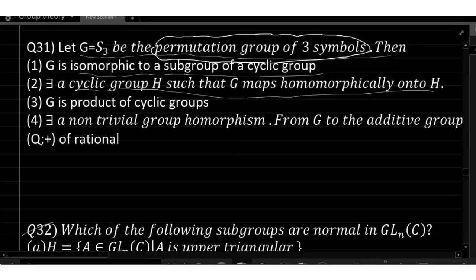Let G equal S3 be a permutation group of 3 symbols, then G is isomorphic to a subgroup of... Consider a homomorphism from S3 to Q plus.